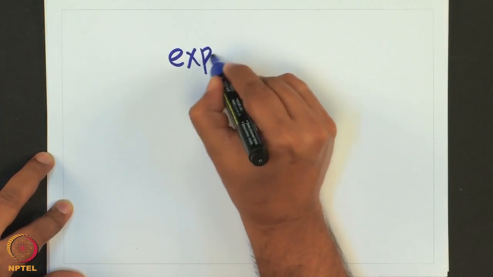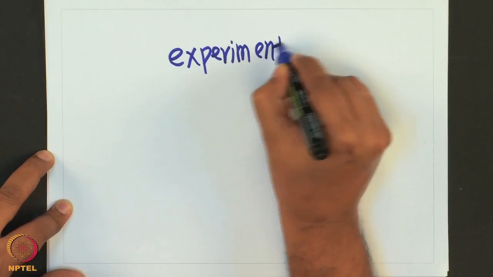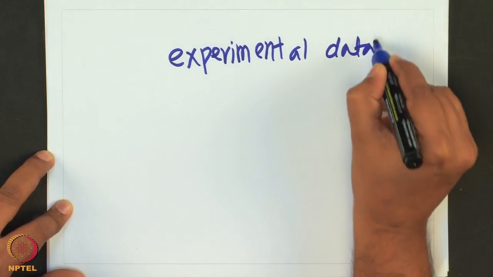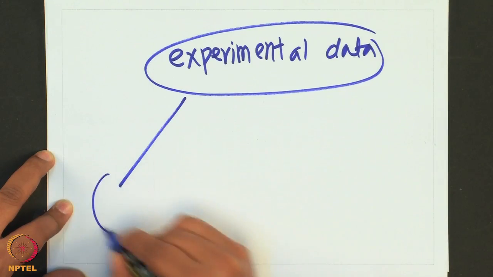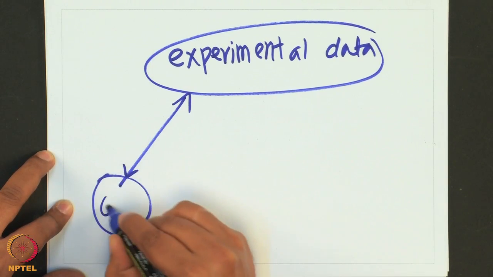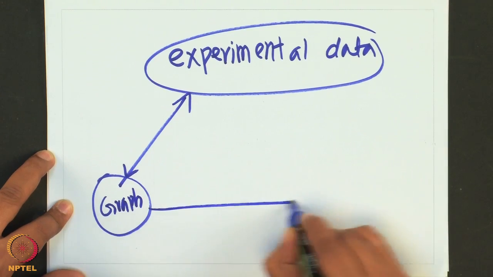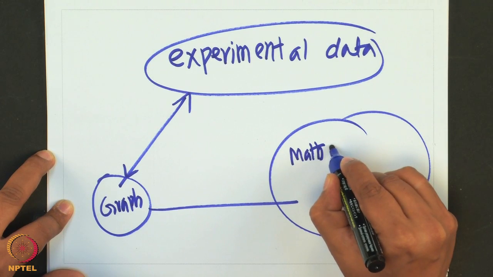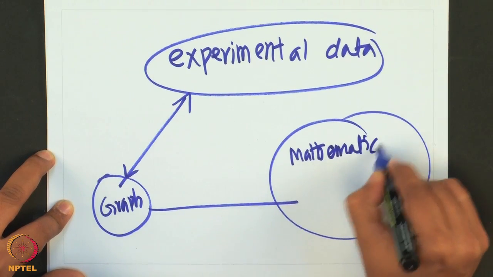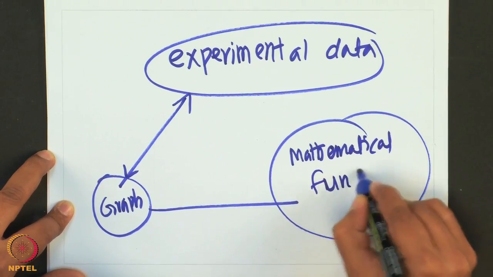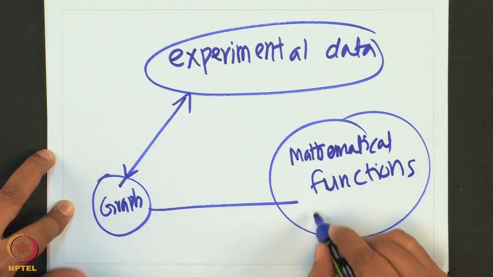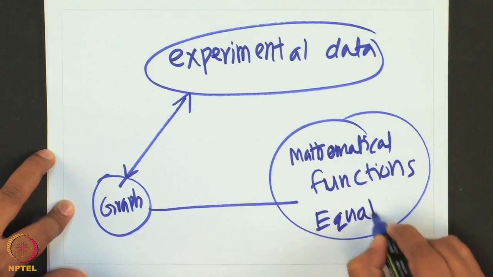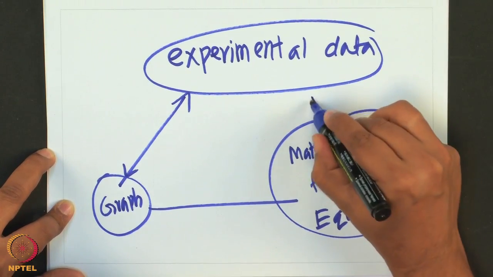So, this kind of relation: experimental data is of course related to graph, and this is related to mathematical functions or equations, and this is of course connected to this.